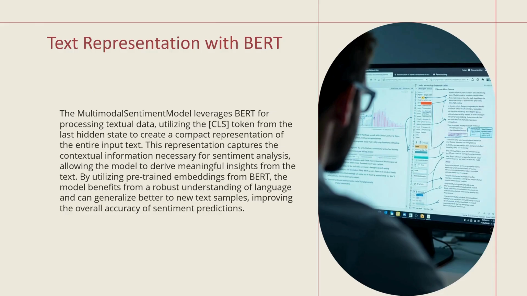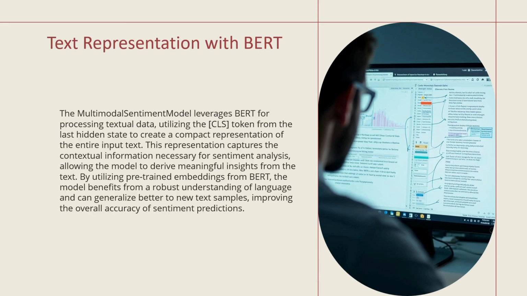Now let's talk about BERT, which I have used for my text. BERT stands for Bidirectional Encoder Representations from Transformers. Traditionally, models read text from left to right, but BERT reads in both directions. That allows it to understand context better.